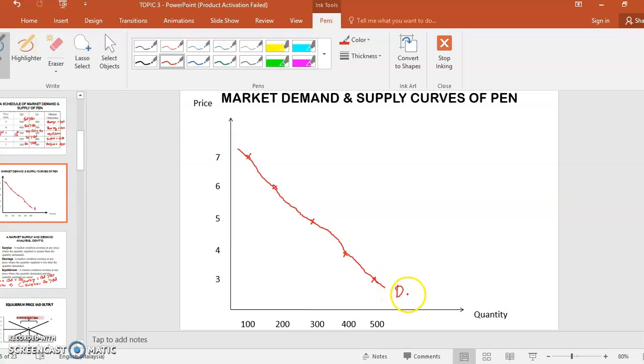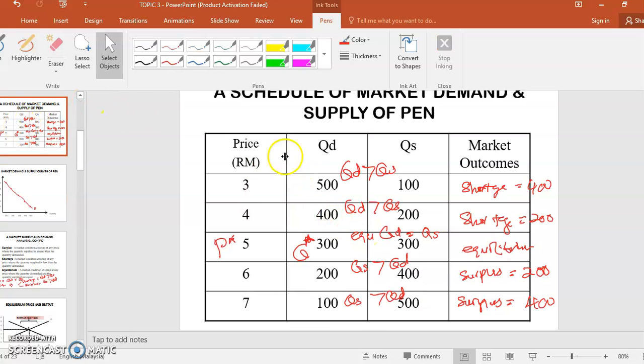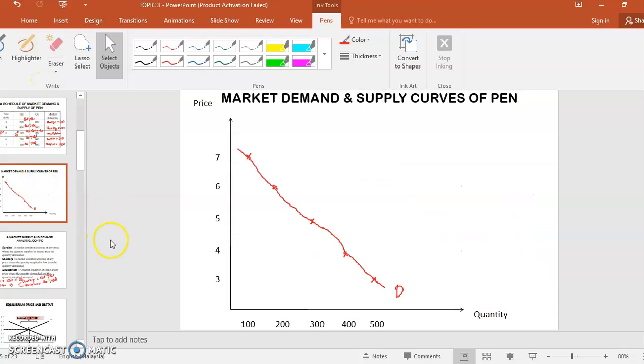Labeled as D, demand curve. Then supply curve. To draw the supply curve, you just look at the column price and quantity supplied. At 3 ringgit, quantity supplied is 100. At 4 ringgit, quantity supplied is 200.